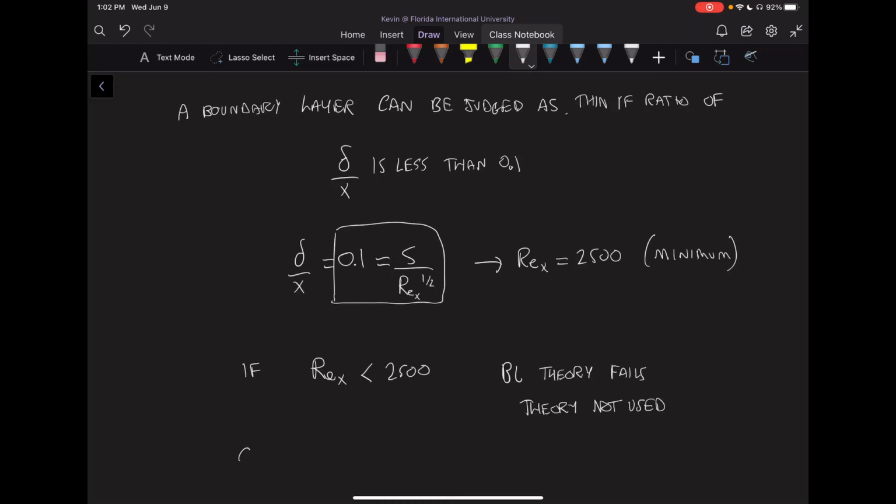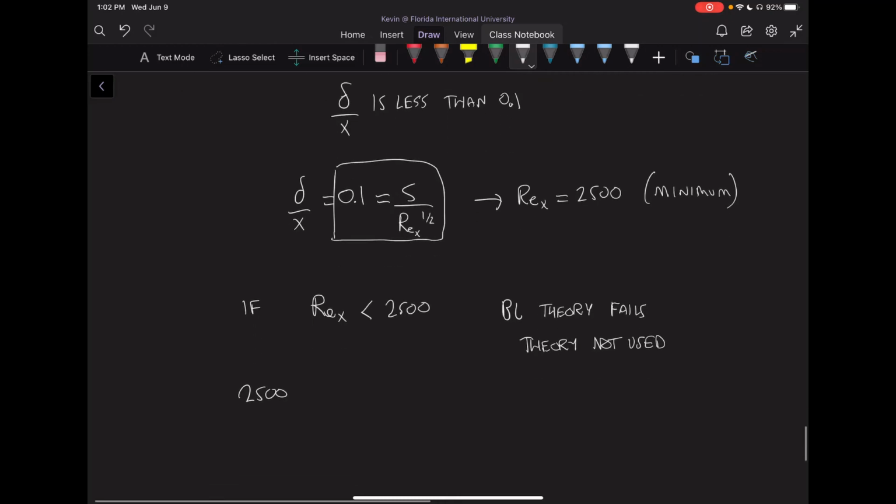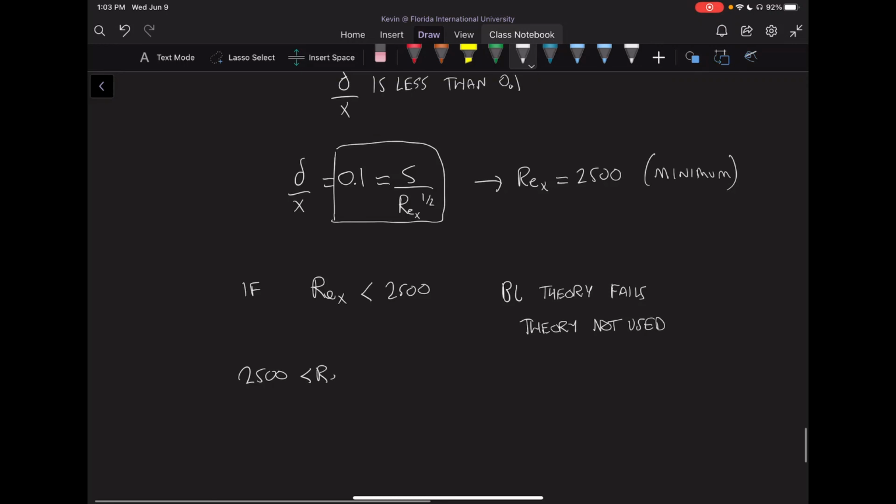Now, from 2,500 to Reynolds x of 3 times 10 to the 6, we can use boundary layer theory, okay, for laminar flow.